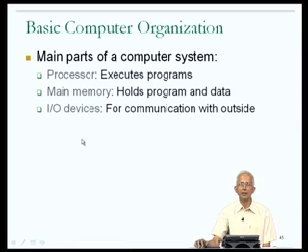The third and another important part of a computer system is the different I/O devices, or input and output devices, that are present in the computer system. They are important because they provide for communication between the inside of the computer and the outside world. Very clearly, for the programs that you write, if you could not communicate with your program, then it's not clear what kind of objectives could be achieved.